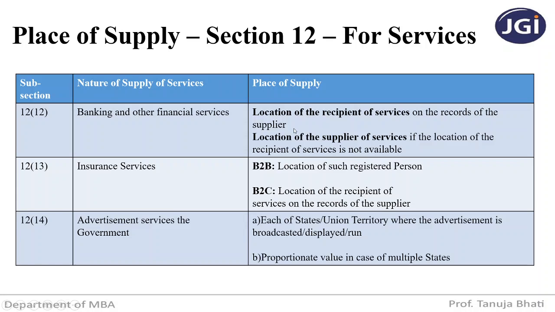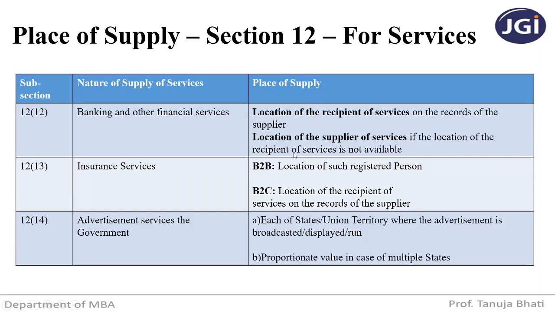Suppose it is an SBI bank and there are customers, so the record of that particular customer in the books or in the records of SBI will be the place of supply in case that customer opts for any particular service. So location of recipient of service on the records of the supplier. And suppose the recipient's location is not available in the books of the supplier, then it is going to be the location of supplier of service.